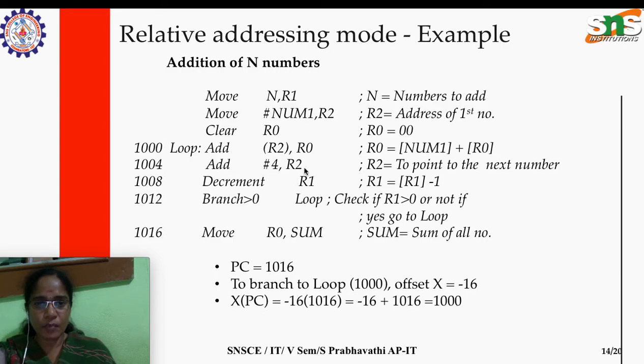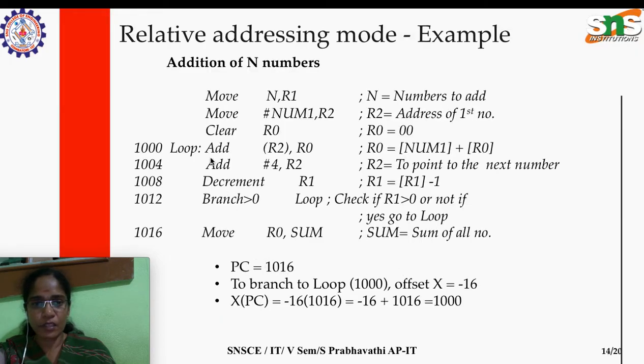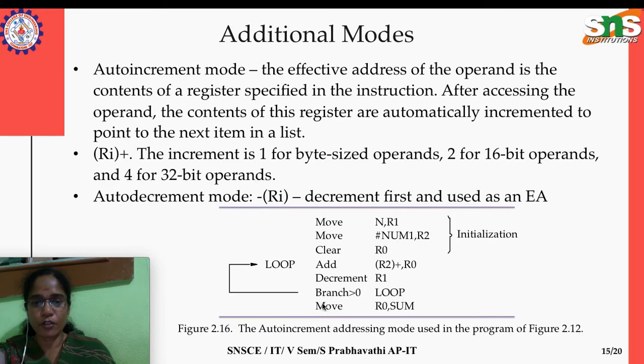So we can skip this line by using auto increment mode. See here, auto increment R2. As the operation, add R2 comma R0. R2 is given in brackets, so that's the address. Get that address, fetch the operand value, add it to R0 and store the result in R0, and automatically R2's address will be incremented. So we could skip the above line by using auto increment.